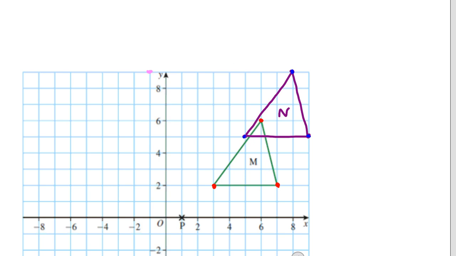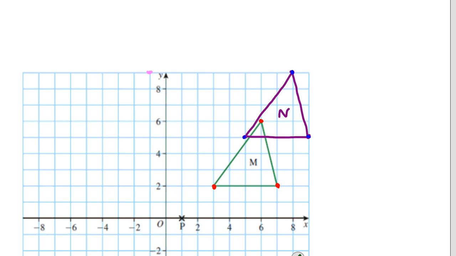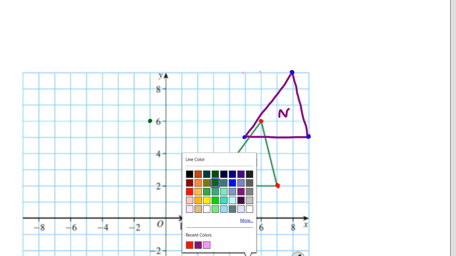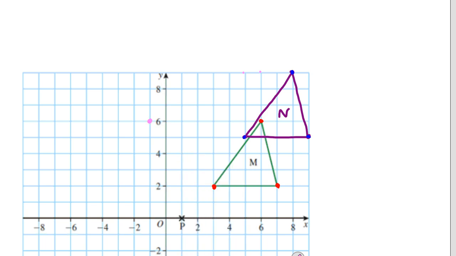Double check it. 1, 2, 3, 4, 5, 6, 7, 8, 9. Oops, down by 3. I forgot to do that. Down by 3. There you go. Left by 9. Down by 3. First one done.